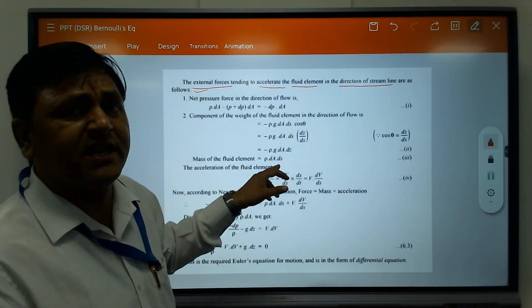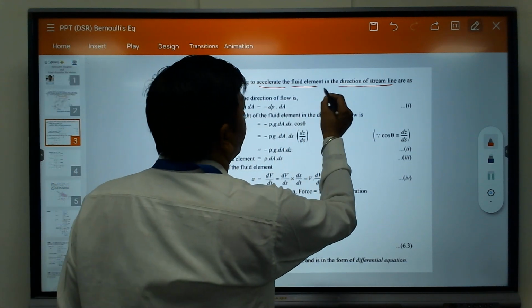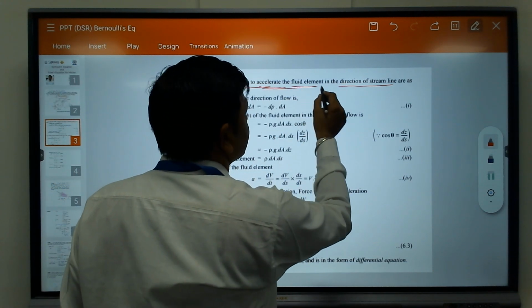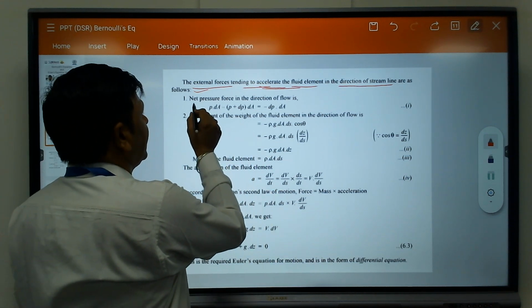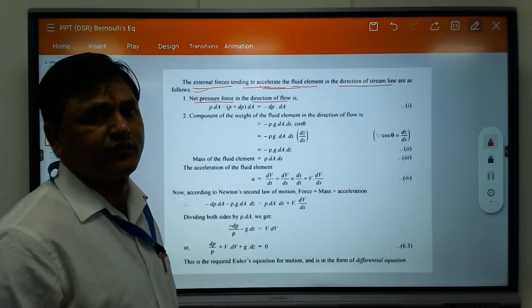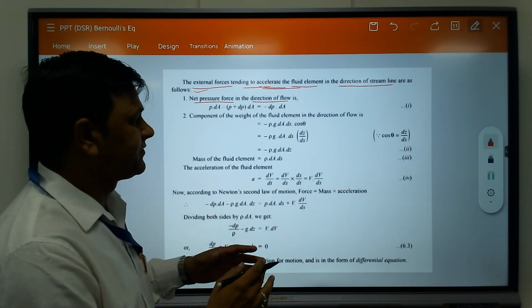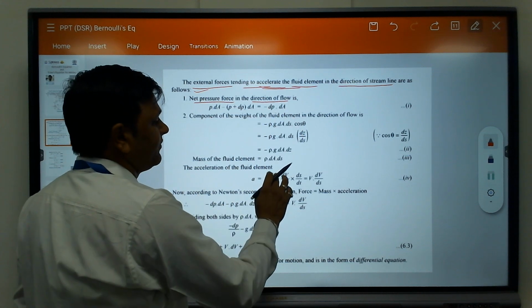Firstly, we determine the total forces on the fluid element. First is the net pressure force in the direction of flow.